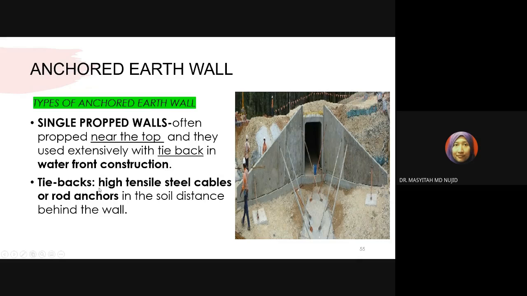The tiebacks are high tensile steel cables or rod anchors set in the soil at a distance behind the wall. In this figure, you can see a few anchor rods installed behind the retaining wall.